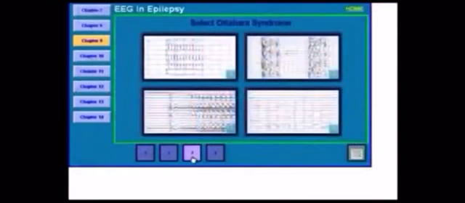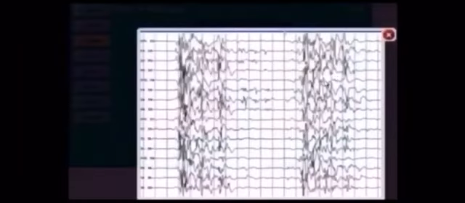So the third question, select Ohtahara syndrome. Ohtahara syndrome is an epileptic encephalopathy, and one of the hallmarks of the EEG is this burst suppression pattern. So here you see a burst which lasts for approximately 4 seconds, followed by a period of suppression that is 3, 4, 5 seconds.